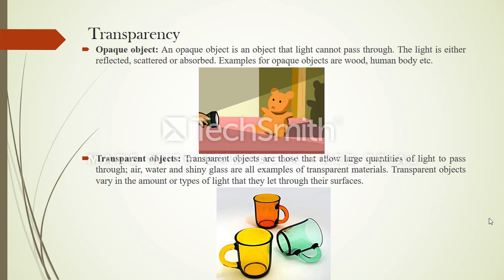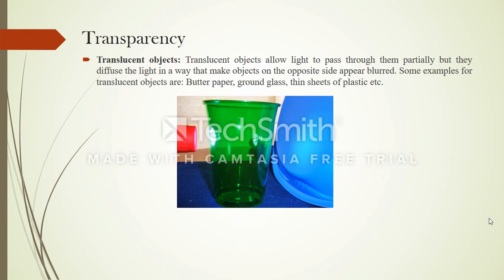Transparent objects are those that allow large quantities of light to pass through, such as air, water, etc. Transparent objects vary in the amount and types of light that they let through their surfaces. Translucent. Translucent objects allow light to pass through them partially, but they diffuse the light in a way that makes objects on the opposite side appear blurred. Some examples are butter paper.